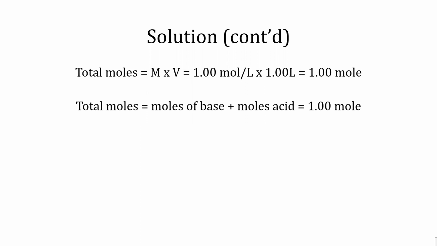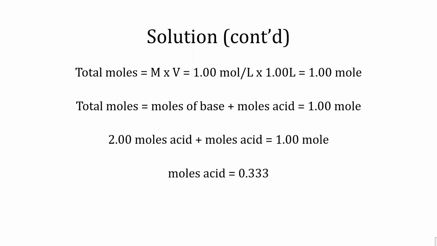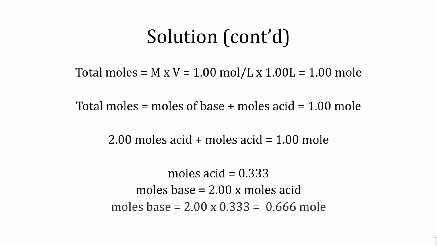This means that moles base plus moles acid equals 1.00 mole. If we sub moles base with 2.00 moles acid and solve for moles acid, it equals 0.333 moles, and therefore the moles base equals 0.666 moles.